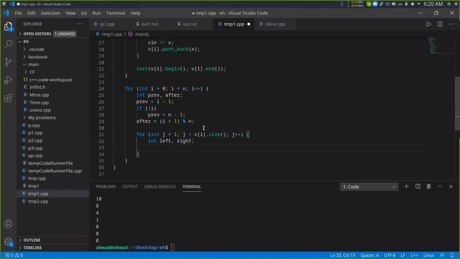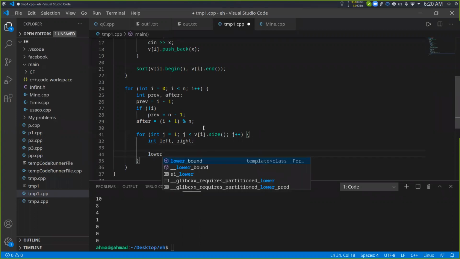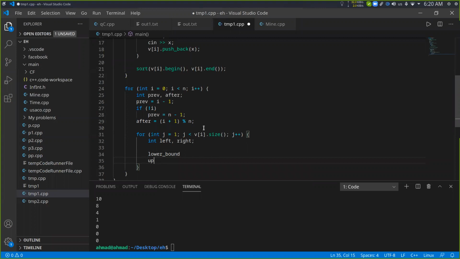To get the number of bridges at our left side, we have two functions in C++ called lower bound and upper bound. These are actually just binary search.